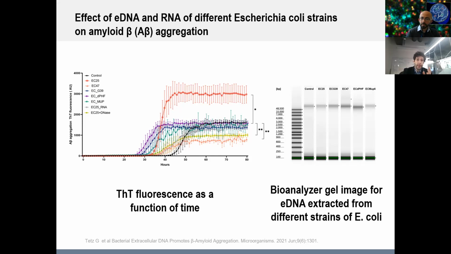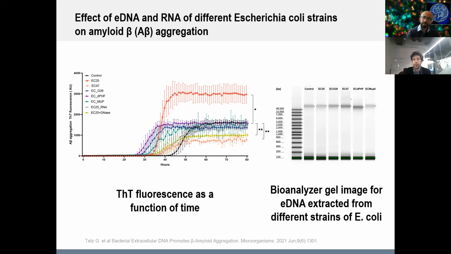And considering bacterial extracellular DNA as a strain-specific triggering factor of A beta aggregation might explain this discrepancy, meaning we can assume and speculate that maybe the brains of patients with Alzheimer's disease have strains of certain microorganisms or eDNA from certain microorganisms that possess this triggering and misfolding potential.